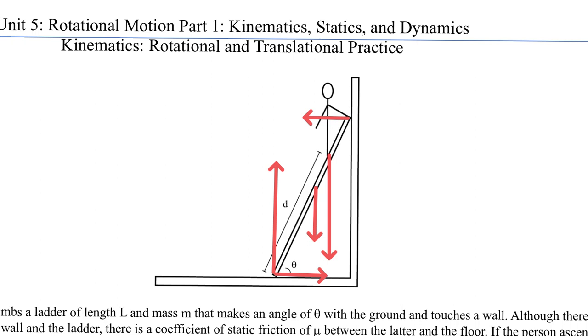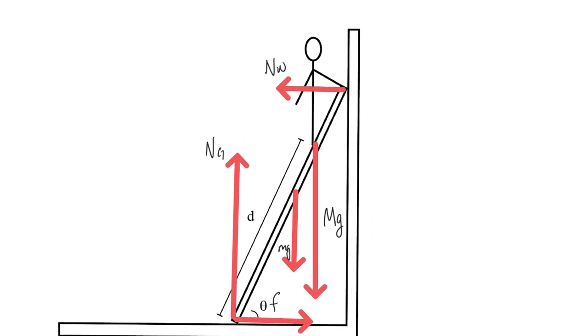All right. We should label them all so we have something. So normal from the ground, normal from the wall, Mg and little mg, and static friction. All good? So let's do the net force equals 0 problem, starting with the x direction and net force in the y direction, both equal to 0.